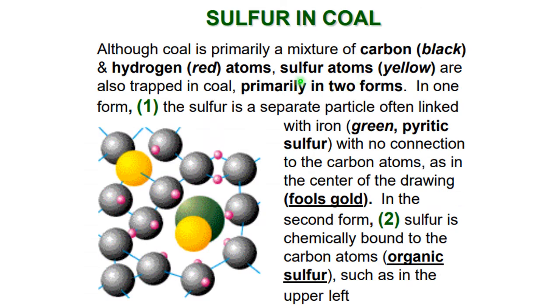We always have sulfur admixture in coal. It can be inorganic sulfur, sulfides of iron or pyrite, like this, or it can be organic compounds of sulfur. Keep in mind that carbon atoms have hydrogens connected to them.